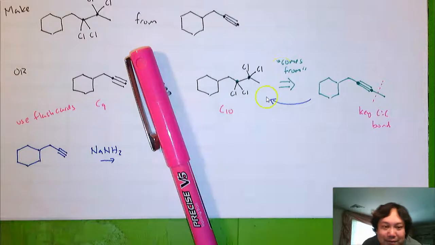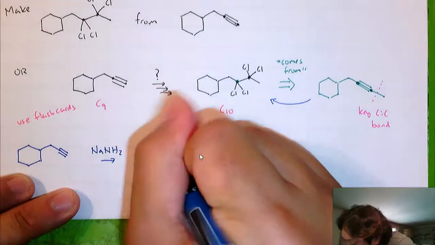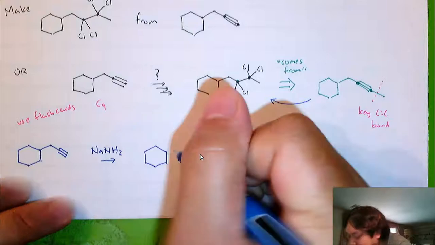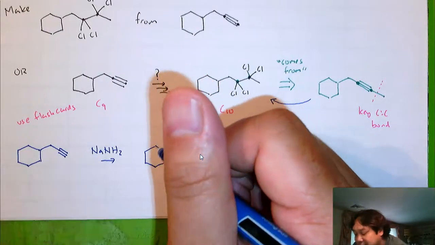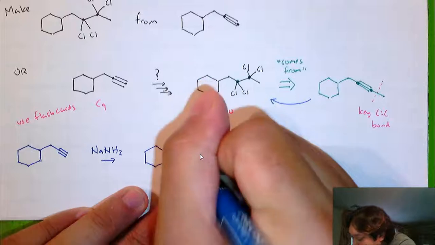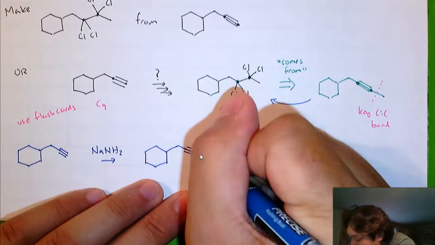Now, when we went over this reaction, I did do 1. NaNH2, 2. alkyl halide. But for synthesis, you want to draw the product after each reaction.